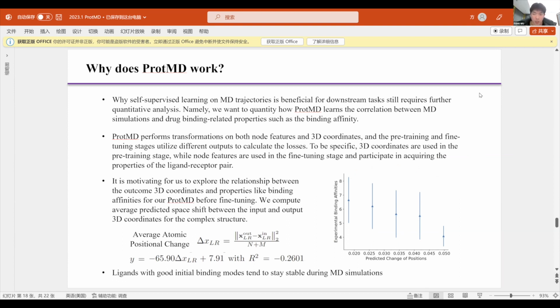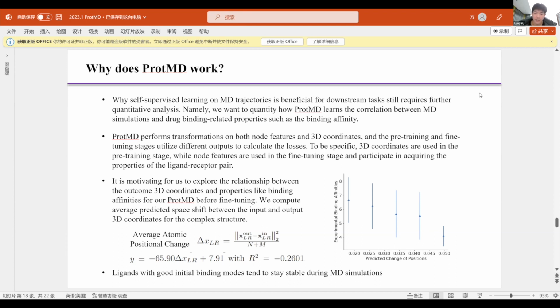At the pre-training stage, 3D coordinates are used, and at the fine-tuning stage, the node features are used and participate in acquiring the properties of the ligand receptor pair. So it is motivating for us to explore the relation between the output 3D coordinates and properties like binding affinity for our ProtMD before fine-tuning.